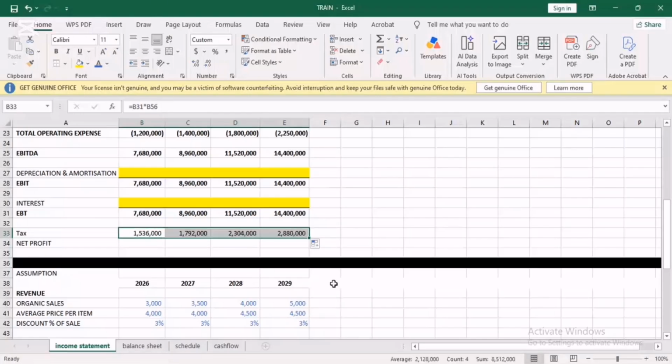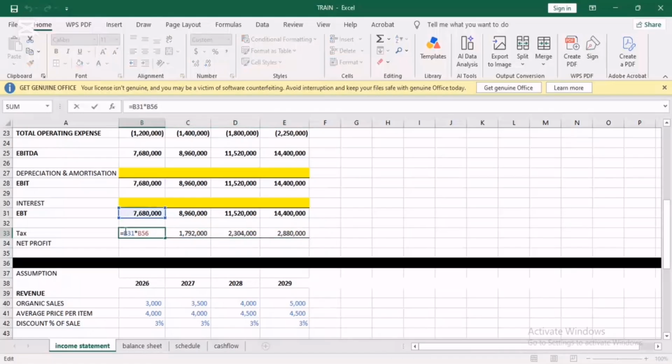So that's that. So for our net profit, let's make it negative. So make this negative. Take away the negative pop-up. Hit enter.